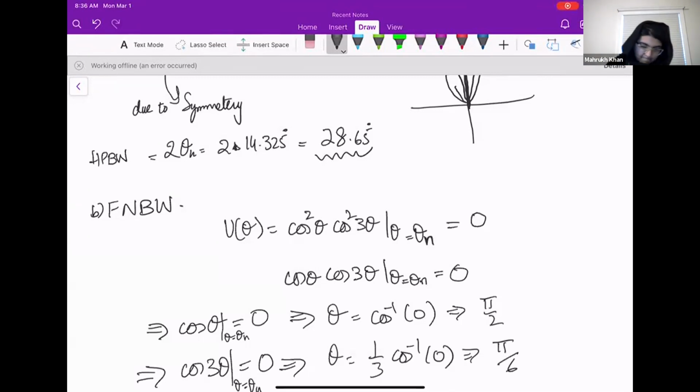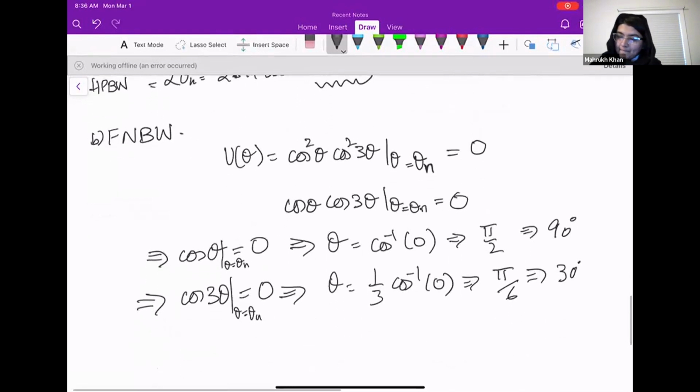All right, so we can say 90 degrees, and we can say 30 degrees. So we solve that cos theta becomes 0 at 90 degrees and cos 3 theta becomes 0 at 30 degrees, right?